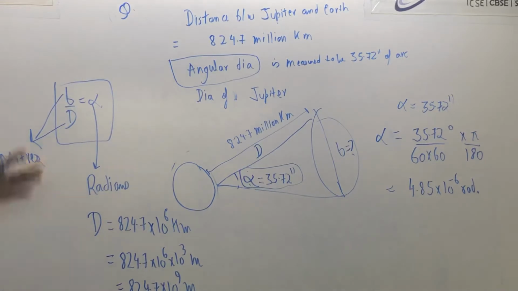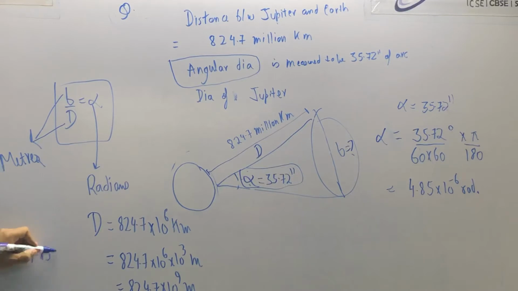Now just substitute all the values here. So B is equal to D alpha. D is 824.7 into 10 raised to the power 9 into 4.85 into 10 raised to the power minus 6.